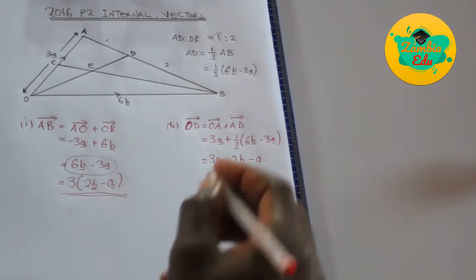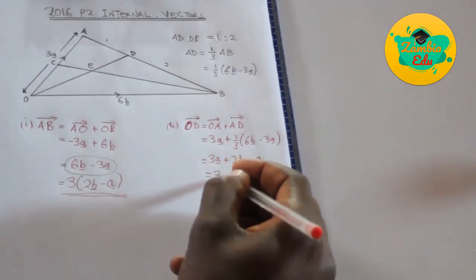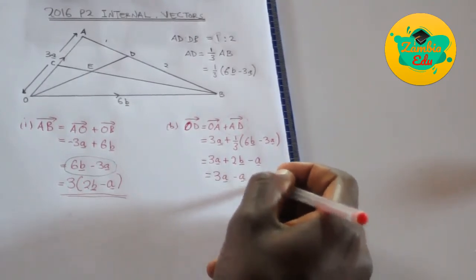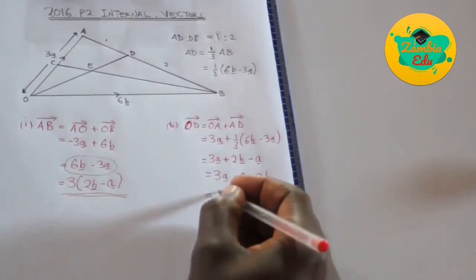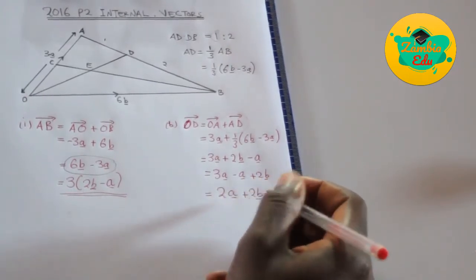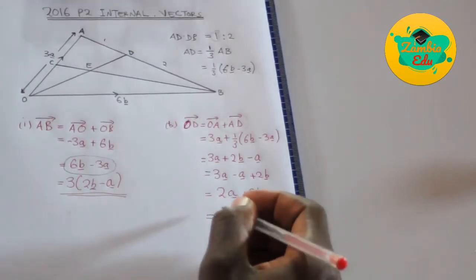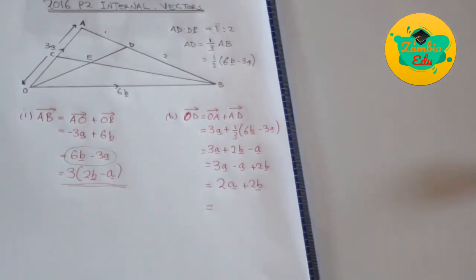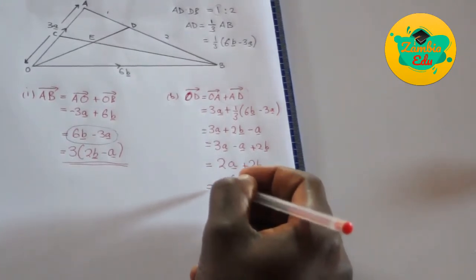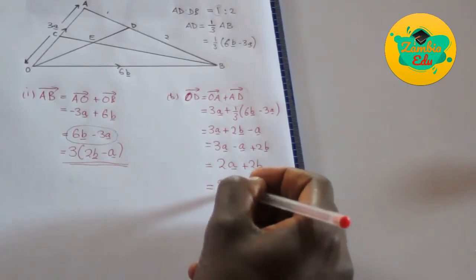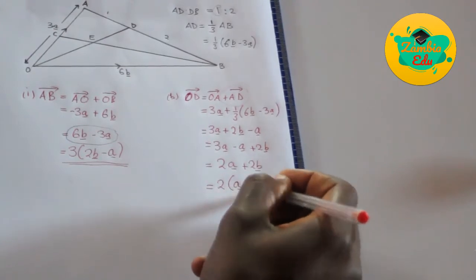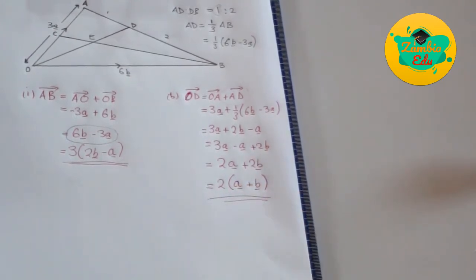Having done that, let's group the like terms. That would be 3a minus a plus 2b, which is equal to 2a plus 2b. Let's now factorize. We can now factorize the last part. We're going to say 2 open bracket, 2 into 2a gives us a, plus 2 into 2b gives us b. And that becomes our answer.